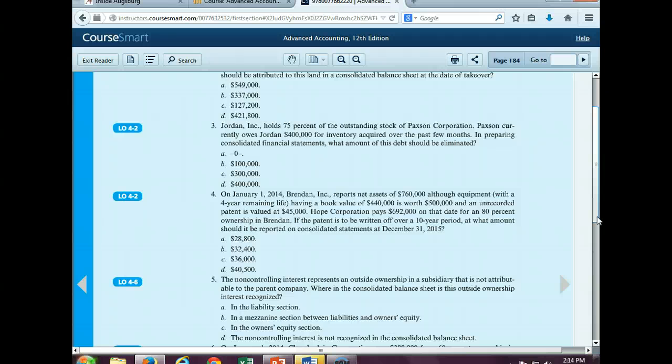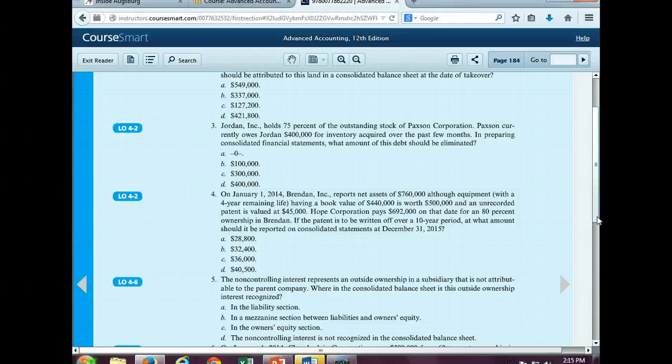Hope Corporation pays $692,000 on that date for an 80% ownership in Brendan. If the patent is to be written off over a 10-year period, at what amount should it be reported on the consolidated financial statements at December 31st of 2015?